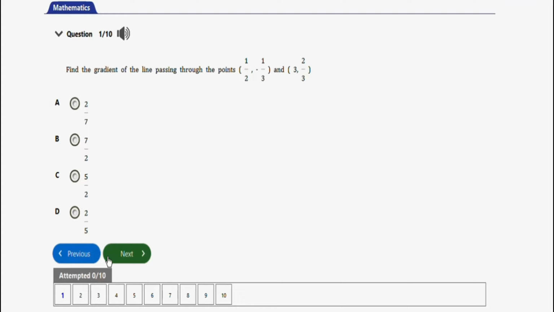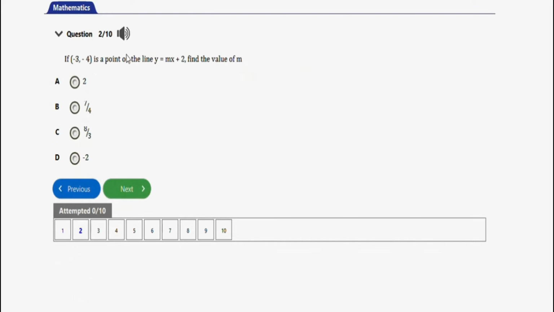So the next repeated question will be this one. It says if these values is a point on the line y equals mx plus 2, find the value of m. Alright, so in this point we have here, this is our x1, these are y1, okay, this is x, guys.